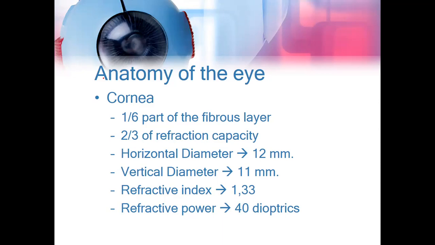The cornea is the most anterior portion of the eye, and it's about 1/6 of the fibrous layer. It is a transparent tissue with a great power of refraction. This is actually the most important structure when we're talking about refraction.